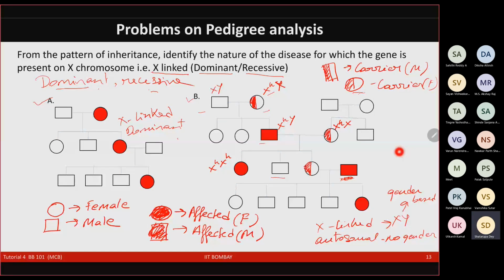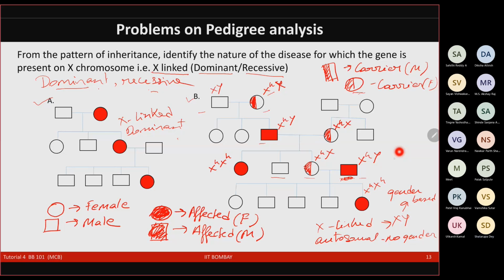Now, in the fourth generation, this carrier female has married an affected male. So the affected male is, suppose, this. This is the female. And in their children, they have one affected daughter. The daughter is this one.